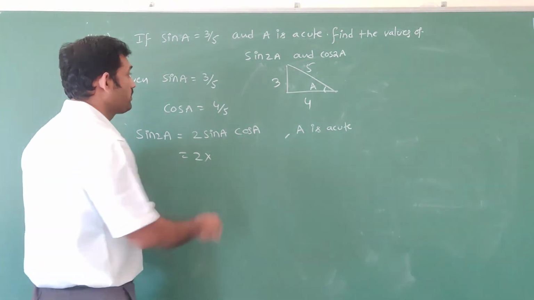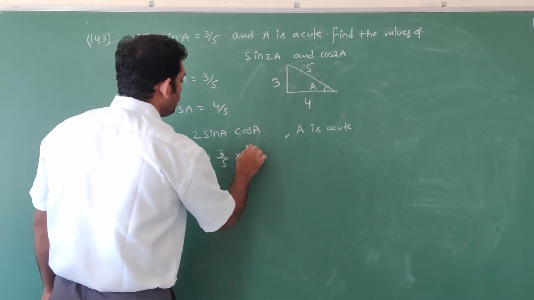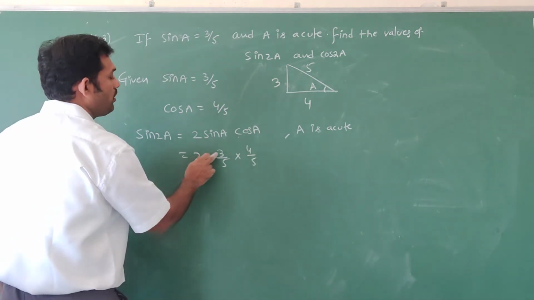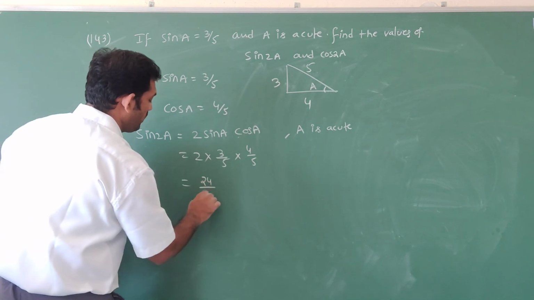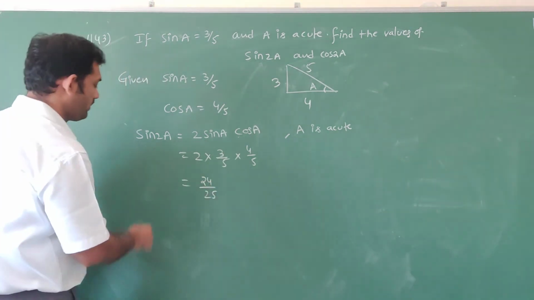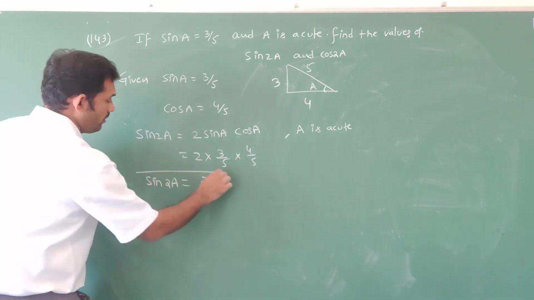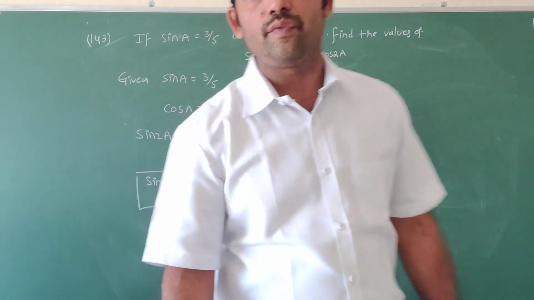So 2 into sin A value 3 by 5 into cos A value 4 by 5. 2 into 3 is 6, 6 into 4 is 24, divided by 25. Sin 2A is equal to 24 by 25.